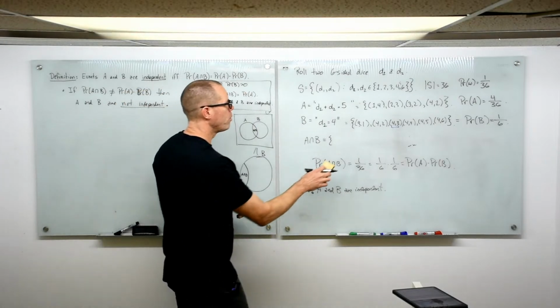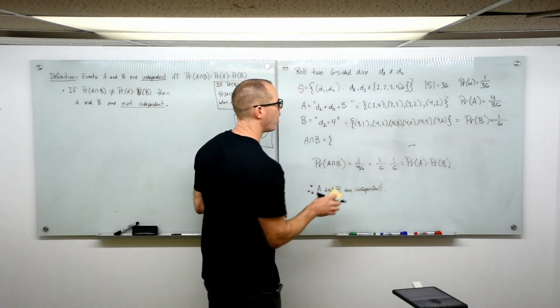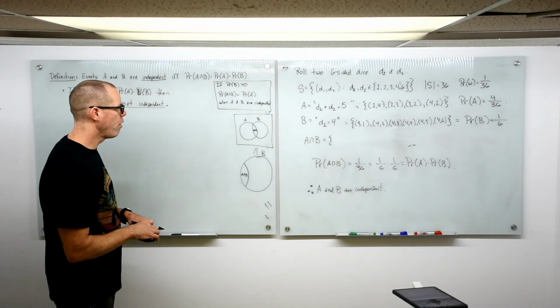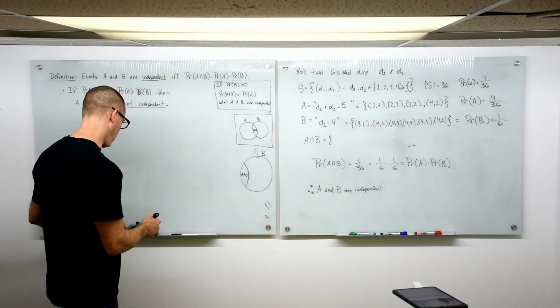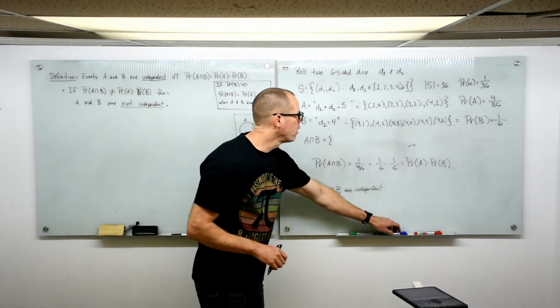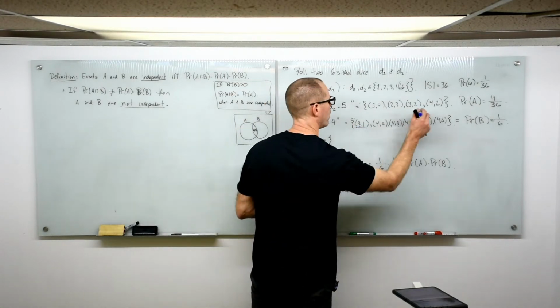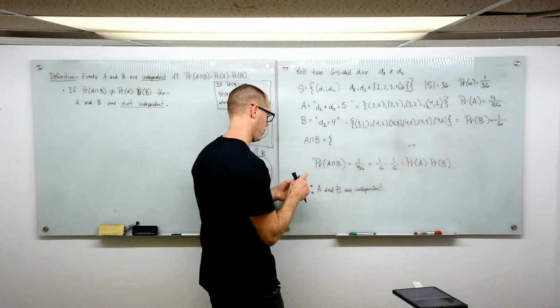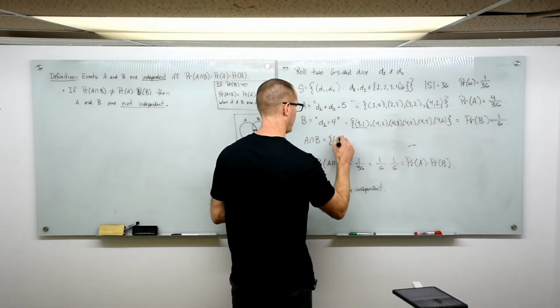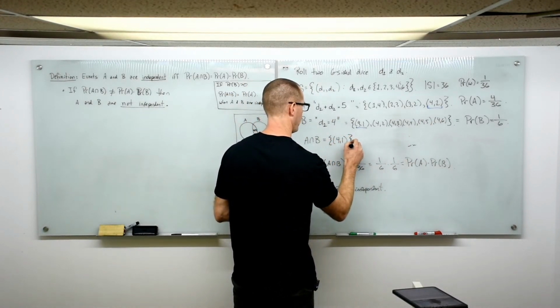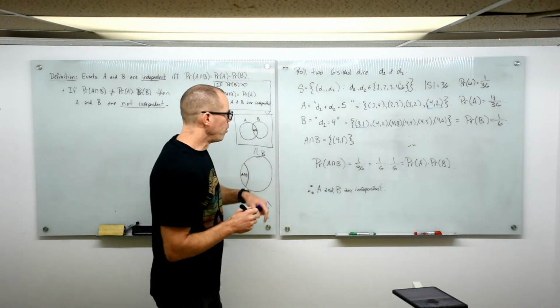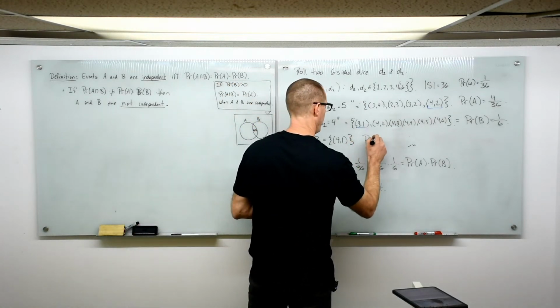So what's in common between A and B now? They add up to 5, and the first one is a 4, so that's 4, 1. The probability of this is still 1 out of 36.